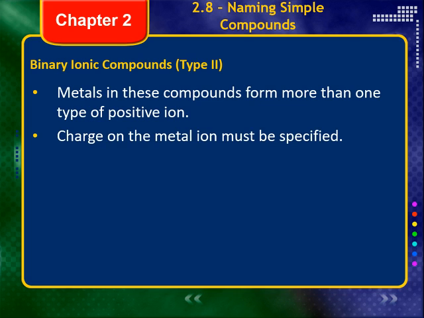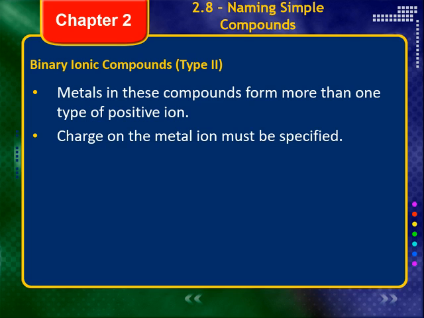Now, we're not saying that when you're dealing with this atom, it's going to ionize, form a +2, and then all of a sudden it'll become a +3. That's not what we're saying. We're saying there are different charges on different types of iron, for example. And because of that, we have to somehow communicate to the reader what that charge is.